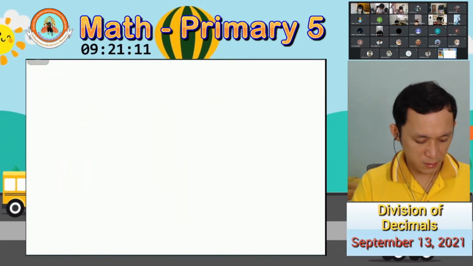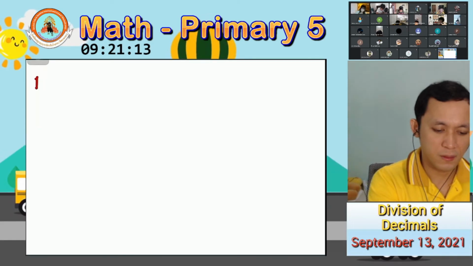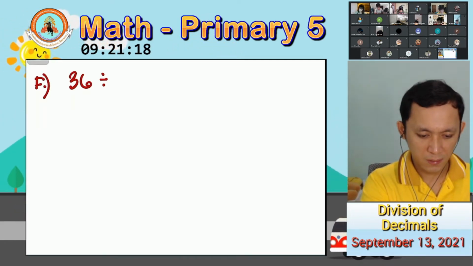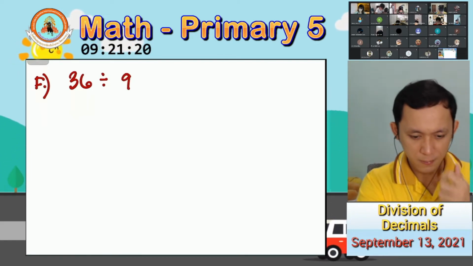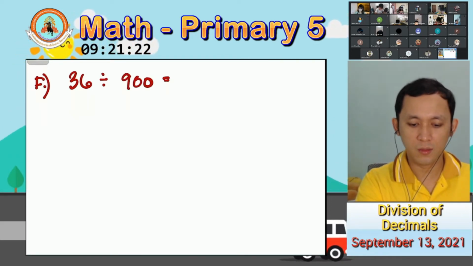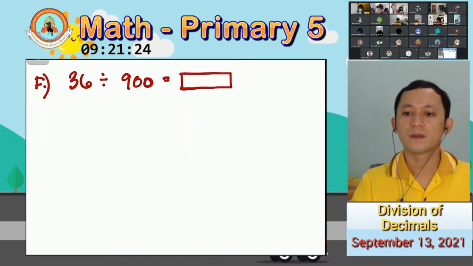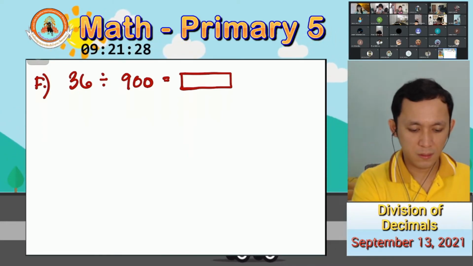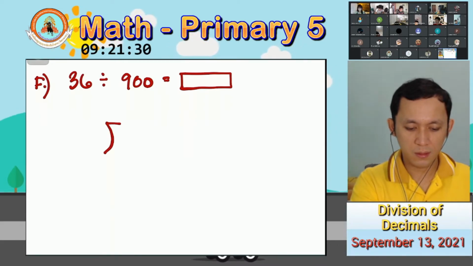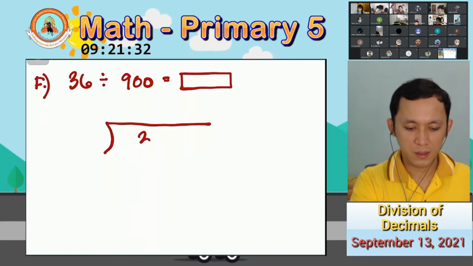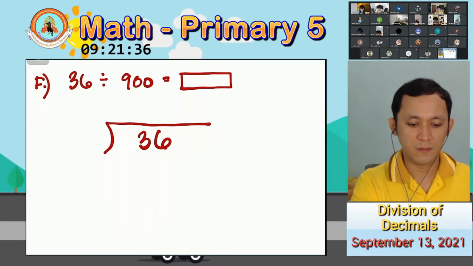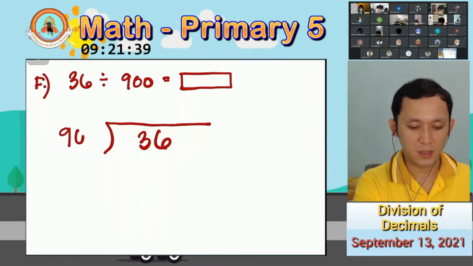For letter F, we have 36 divided by 900 is equal to blank. So again, the 36 is inside, and our divisor is outside, which is 900.